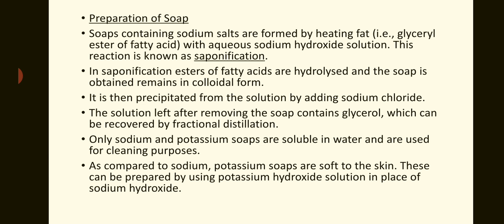It is then precipitated from the solution by adding sodium chloride. The solution left over after removing the soap contains glycerol, which can be recovered by fractional distillation. So this is the process of manufacturing of soap.